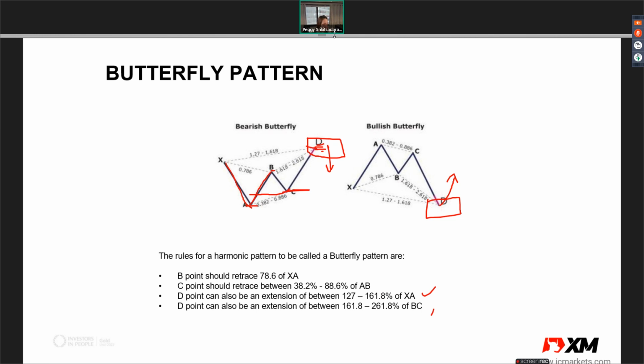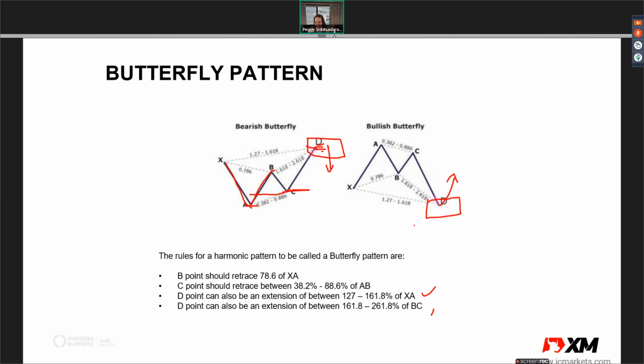What is the number of the C point then? You mean the retracement or what? Sorry. Yeah, somebody says the C point is wrong. Okay, yeah, I think there is something wrong with my slide.